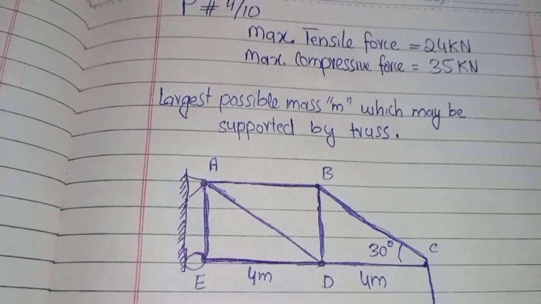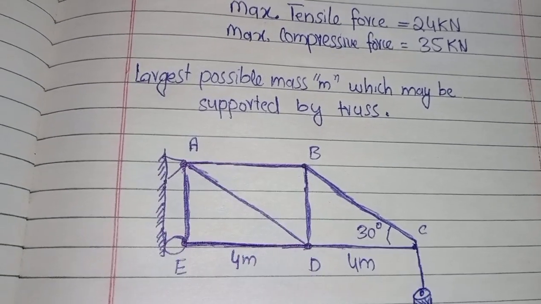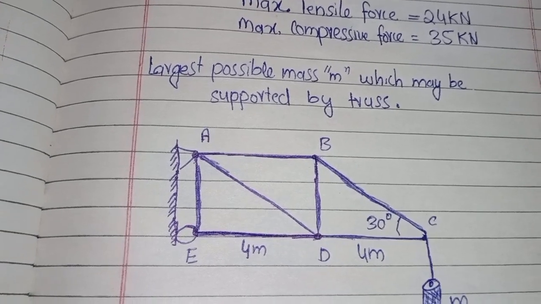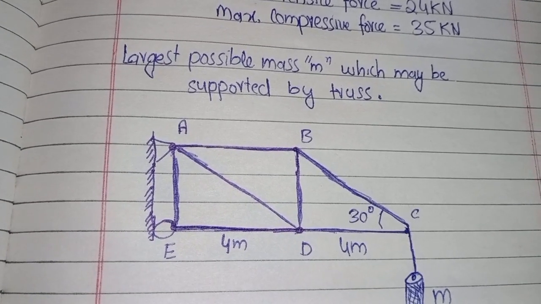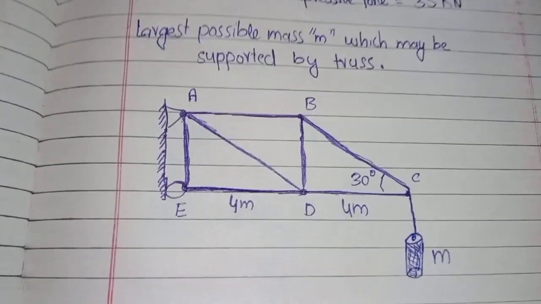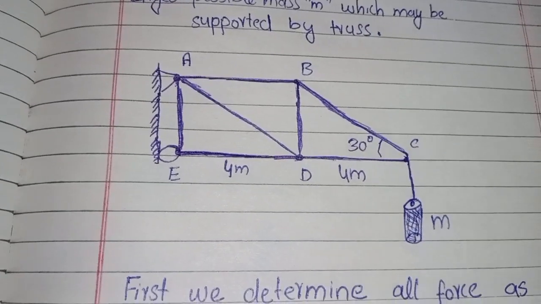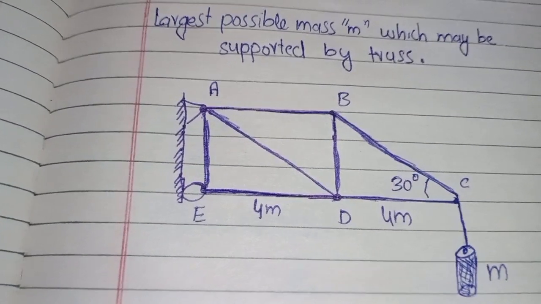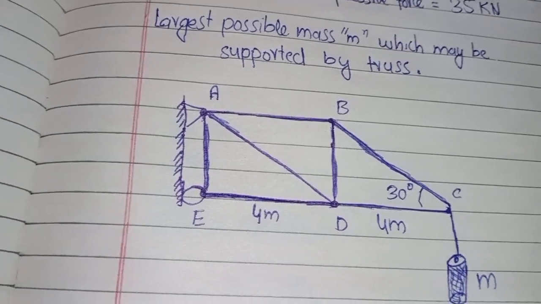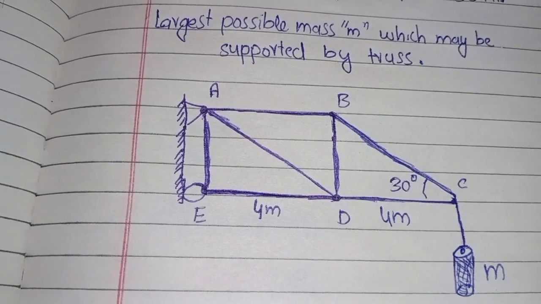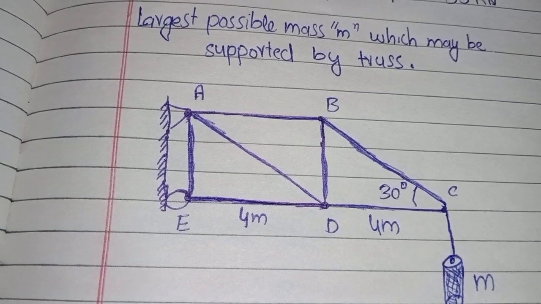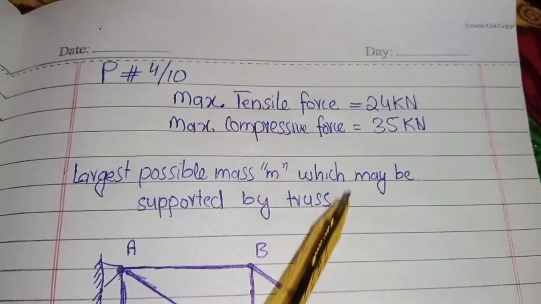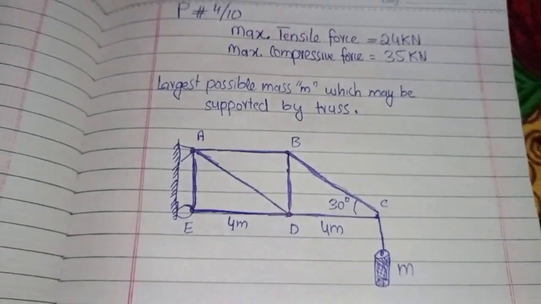So the maximum limit of these truss members is 24 kilonewton tensile force and 35 kilonewton compressive force. Okay, so we will find the mass, which is the critical part of this truss, that can support the maximum mass, by equating these two forces.